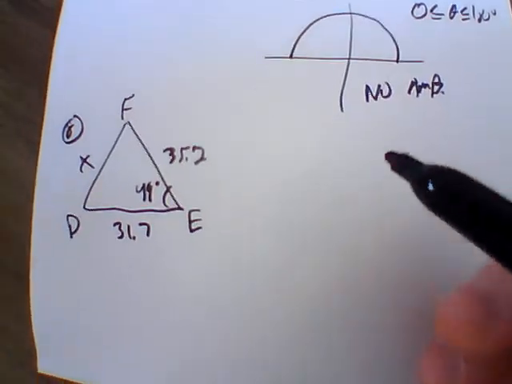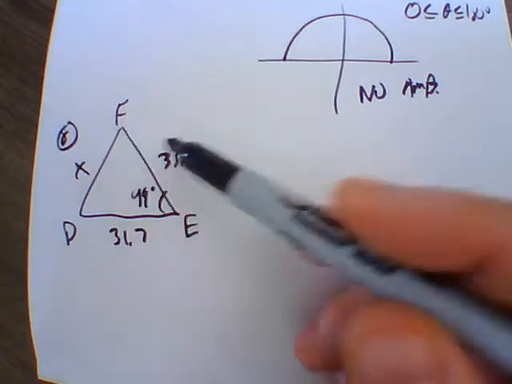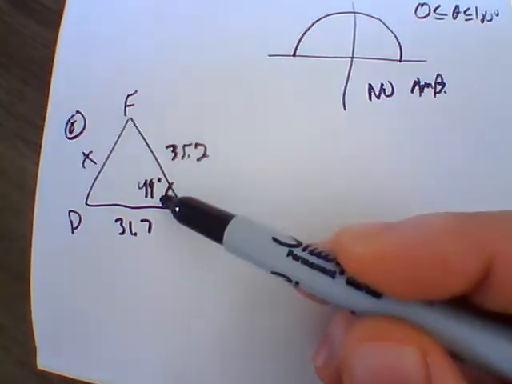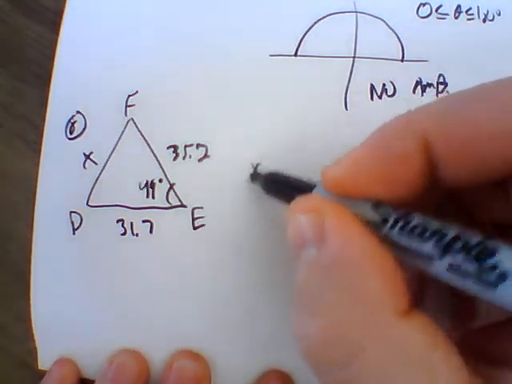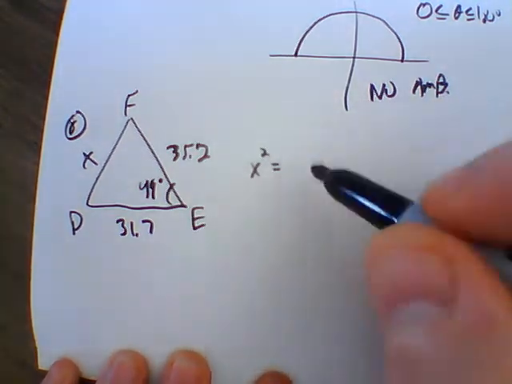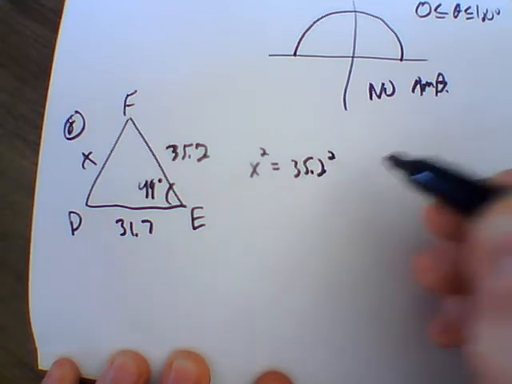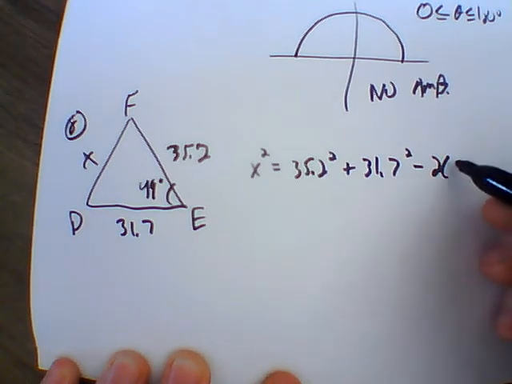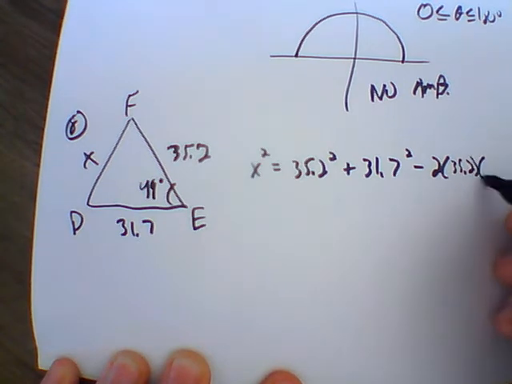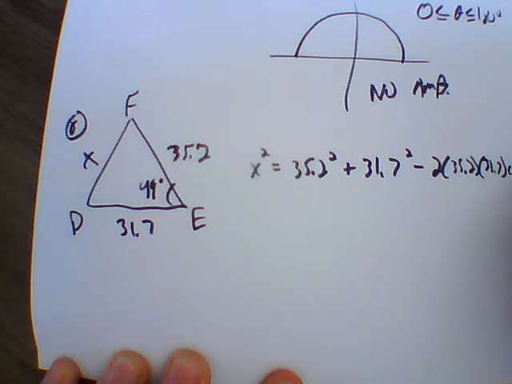We're asked to find the third side, given that we know two sides of a triangle, but we know the angle in between. So what we would do is state x squared equals 35.2 squared plus 31.7 squared minus 2 times 35.2 times 31.7 cosine of 49 degrees.